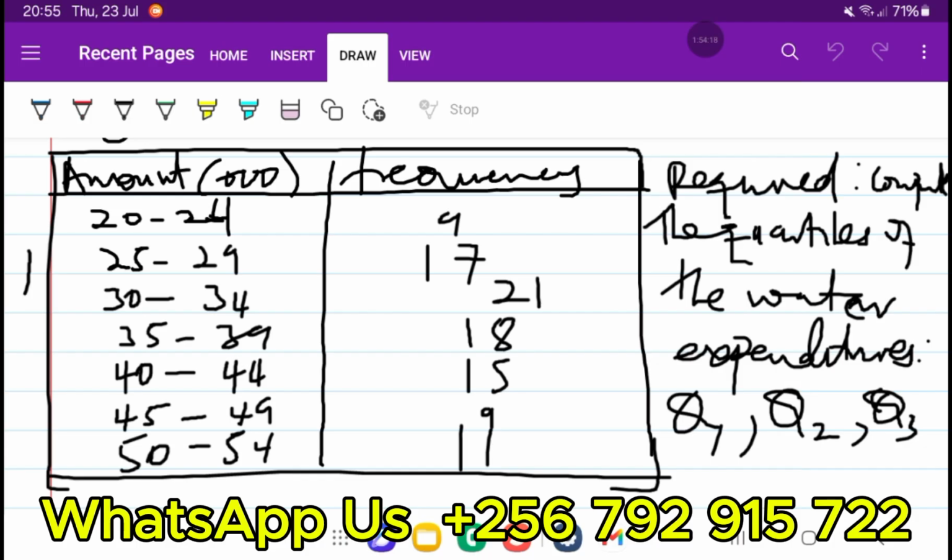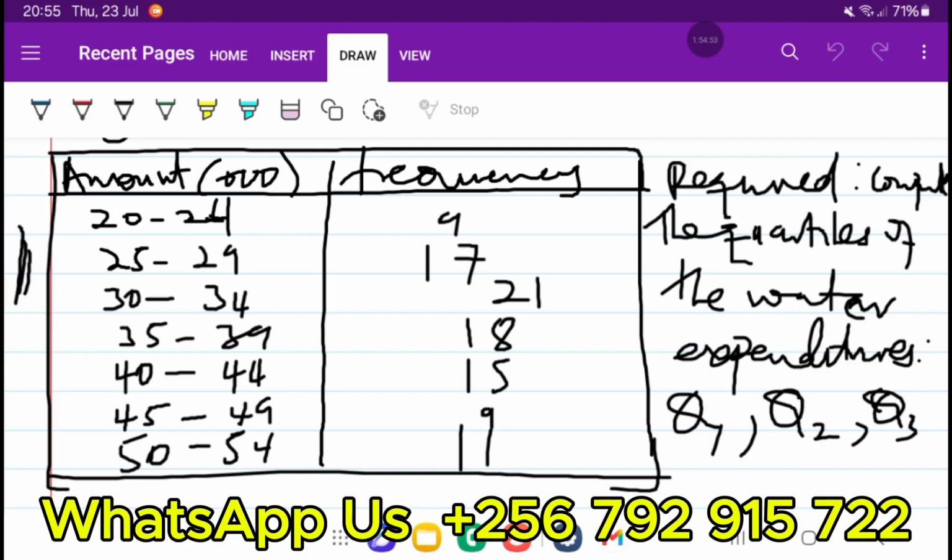Now you'll find someone wasting time putting their x, the midpoint values, where you get 20 plus 24 divided by 2. You find someone is wasting time there. You only put what is required in the formula. So here we are just going to show the classes, then the frequency, cumulative frequency, and then the class boundary or the class limits.